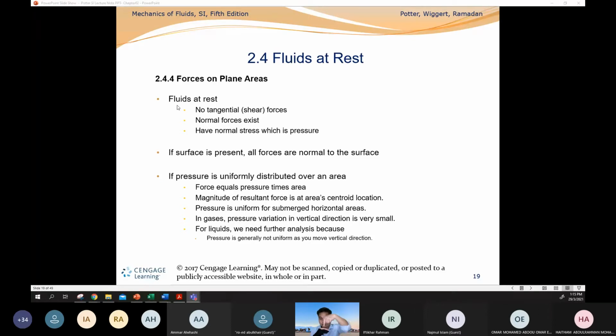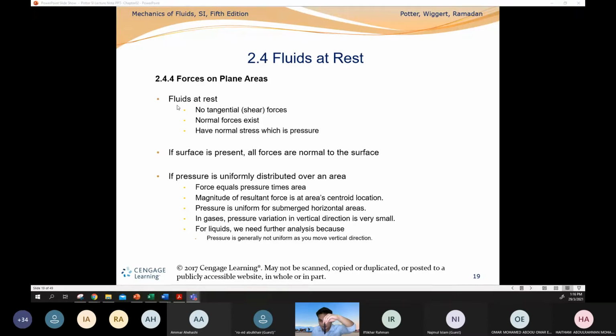Because there is no motion, there are no tangential forces, only normal forces exist. The normal stress, which is perpendicular to the surface, we call pressure. If a surface is present, all forces are normal to the surface. For example, this is the plane. When we dip this plane into the water, we have forces, all acting perpendicular to this plane.